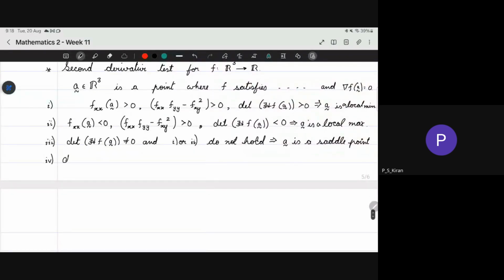And finally, if the determinant of the Hessian is 0, the test is inconclusive.